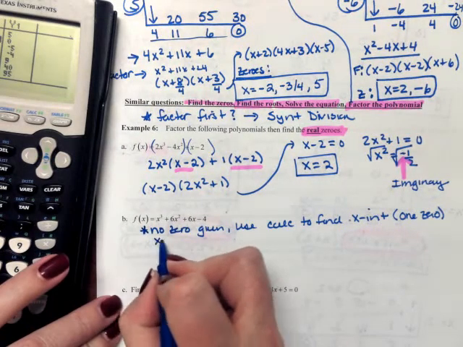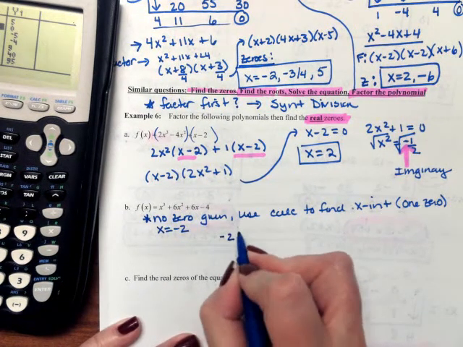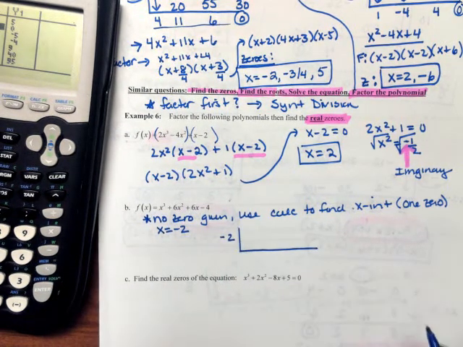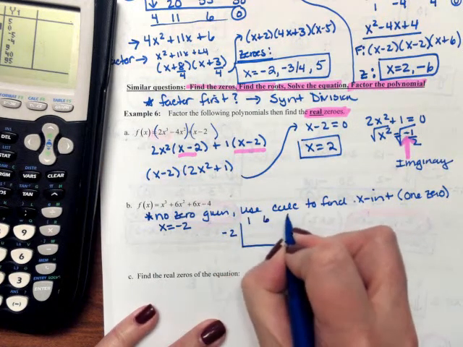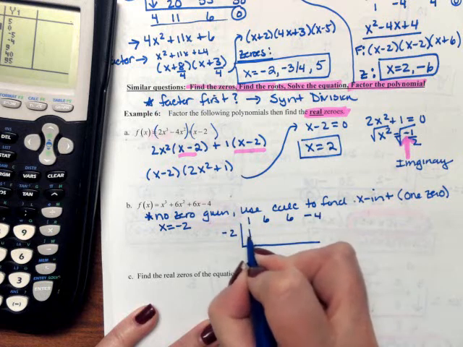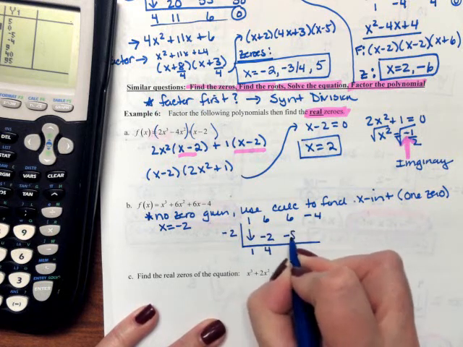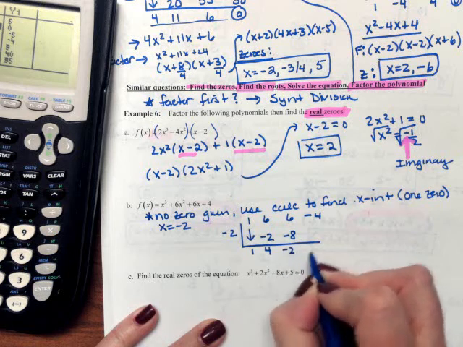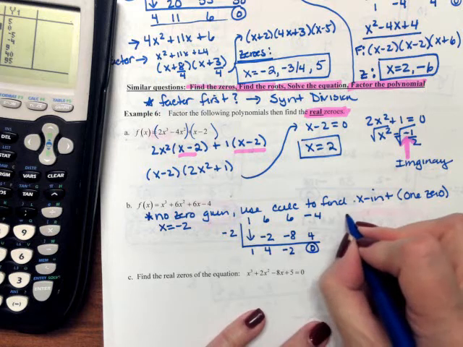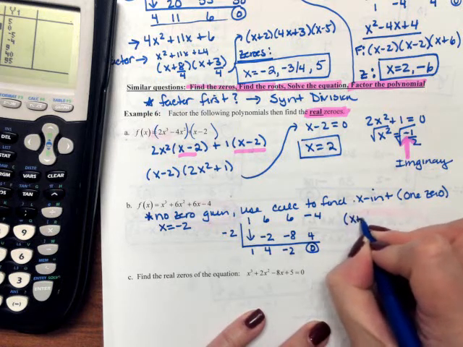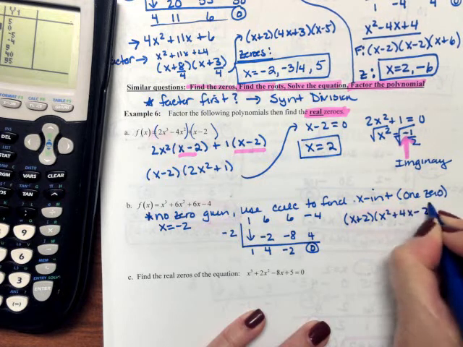So one of my zeros is going to be -2. So what I'm then going to do is take -2 and do my synthetic division. And again, I should get a remainder of 0. So I end up with, in factored form, x plus 2 times x squared plus 4x minus 2.